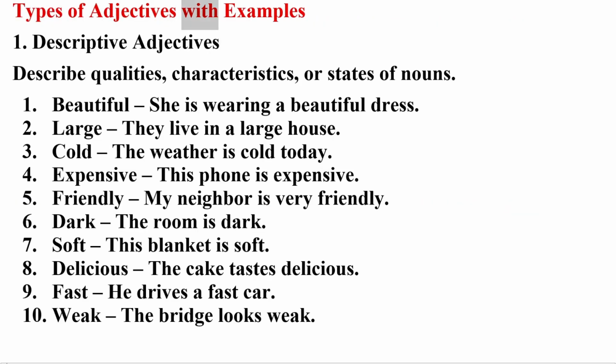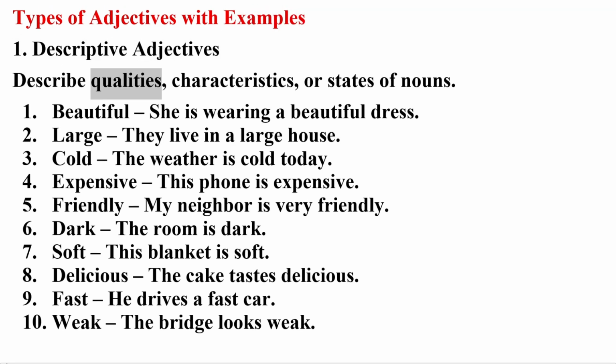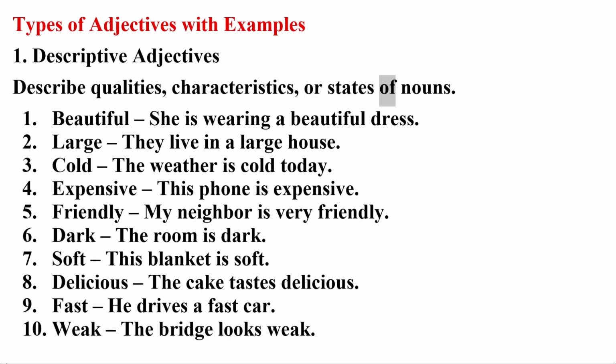Types of adjectives with examples. 1. Descriptive adjectives: describe qualities, characteristics, or states of nouns. Beautiful: she is wearing a beautiful dress. Large: they live in a large house. Cold: the weather is cold today.